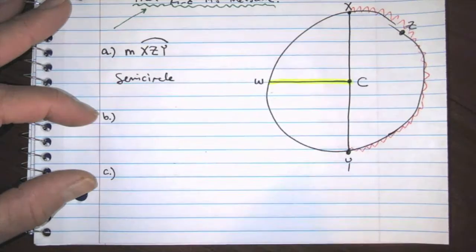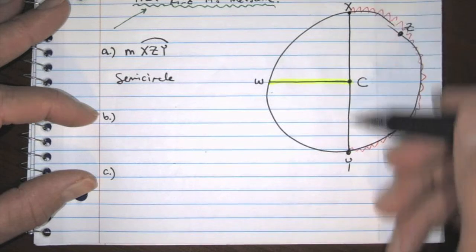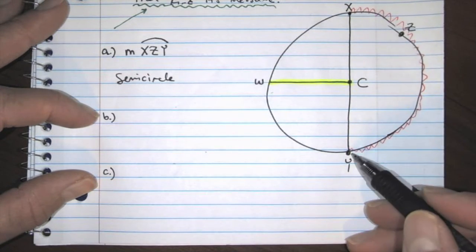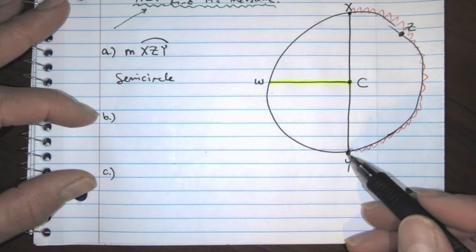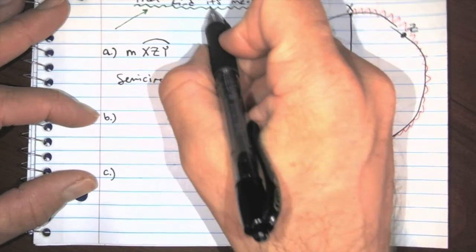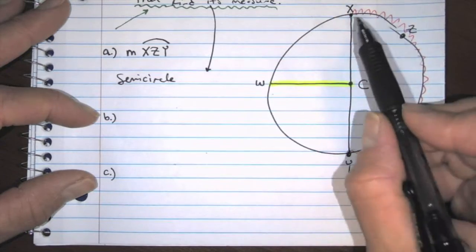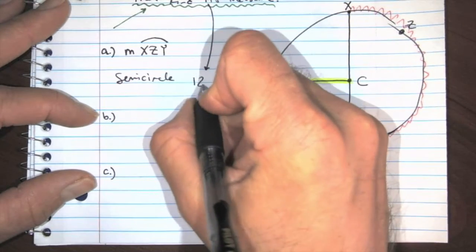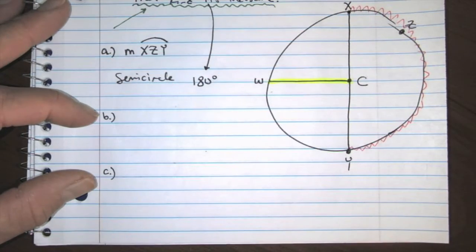It's half a circle. Plus, you can see that from X to Y, that is what we call a diameter. And if you have an arc ever going from an endpoint to an endpoint of a diameter, it's a semicircle. Half a circle, we can see that. And, okay, find its measure. What is the measure of this arc? Half a circle, 180 degrees.